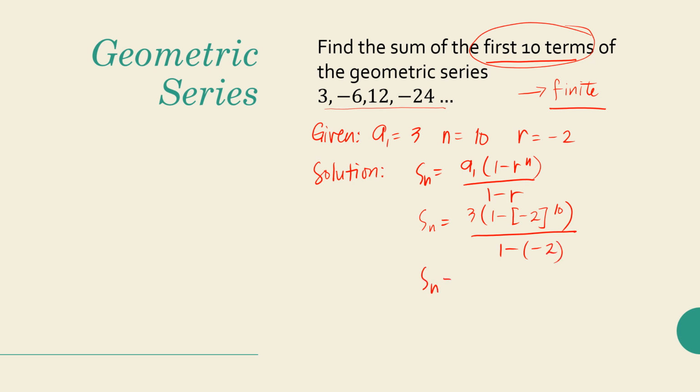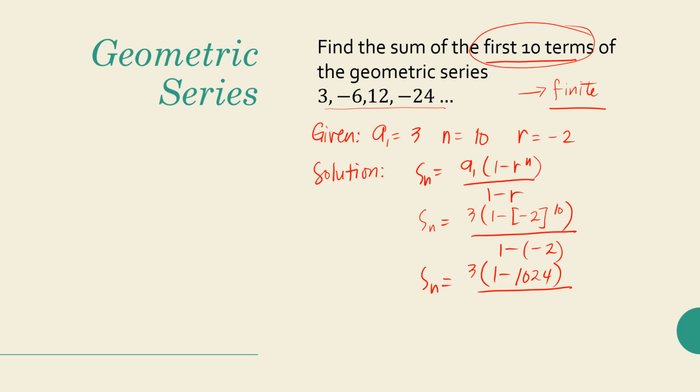S sub n is equal to 3 times 1 minus (-2) raised to 10. Because this is in bracket form, it includes the negative, so (-2) raised to 10 is positive 1024, over 1 plus 2.